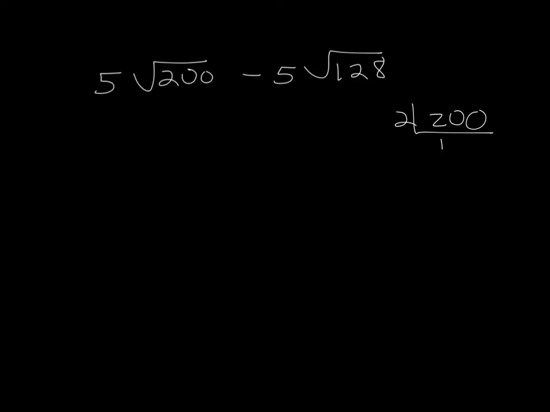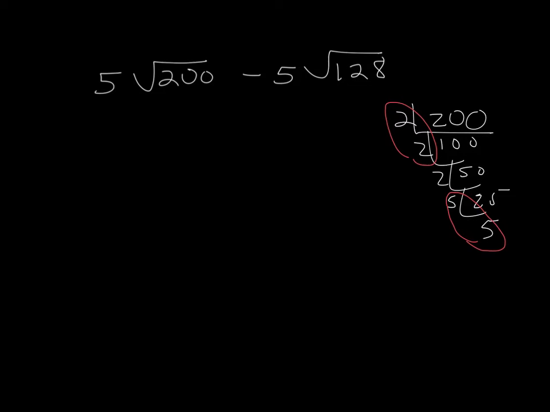So 2, 2, 2, and then 5 and 5. So we now have a pair of 2's. This is all square root still, so we have a pair of 2's and we have a pair of 5's. So take your time on this. You can definitely make some errors if you're going too fast.